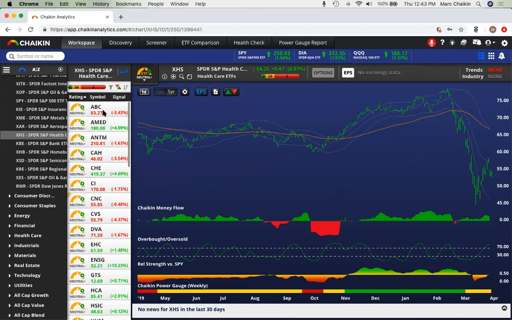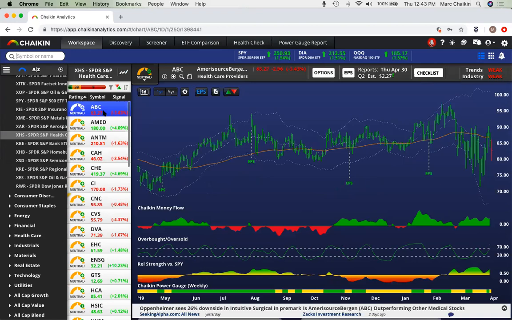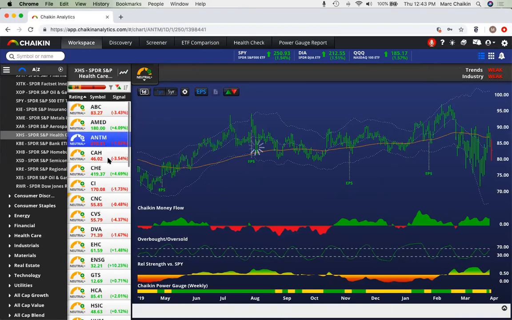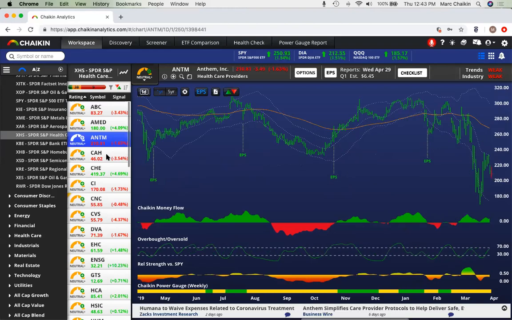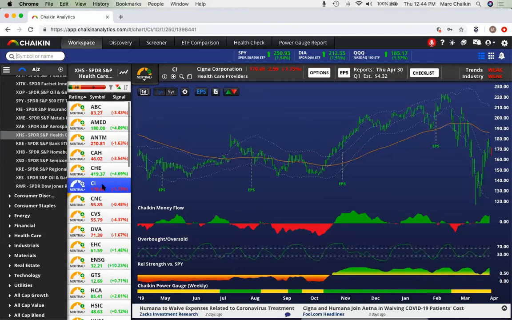So here's AmerisourceBergen, here's Anthem Health, Cardinal Health was mentioned on the Corona press conference last night. Cigna, well-known name, had a bullish Power Gauge rating at the top, turned neutral, still outperforming the market.